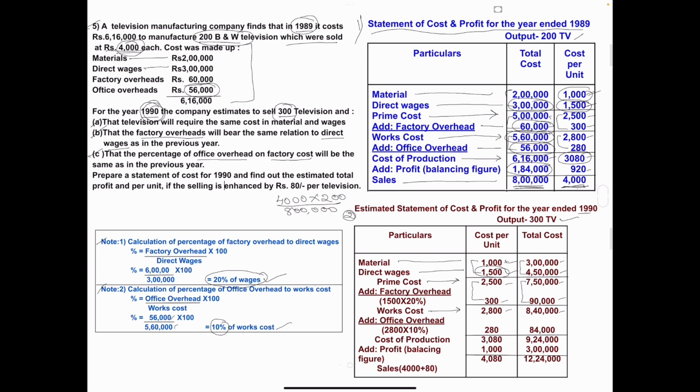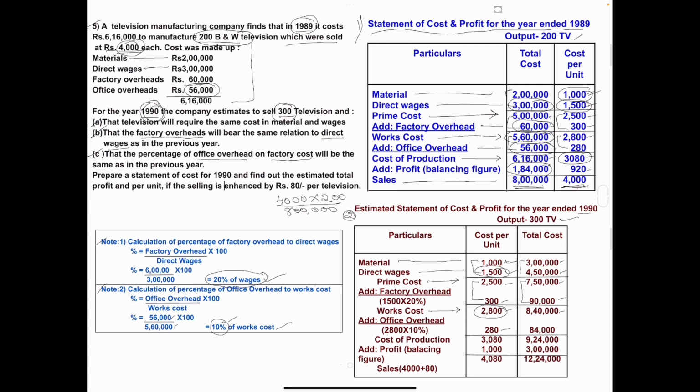10% of works cost. Add office overhead. So in estimated cost sheet, works cost amount is how much? 2,800. So write in bracket 2,800 into 10% from this note. So we will get 280 per unit.